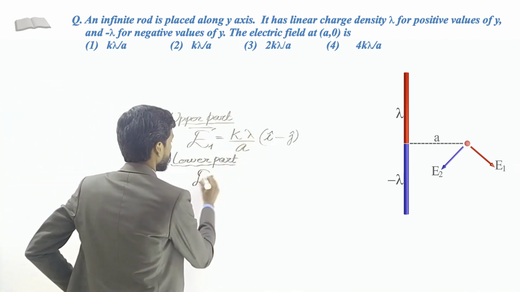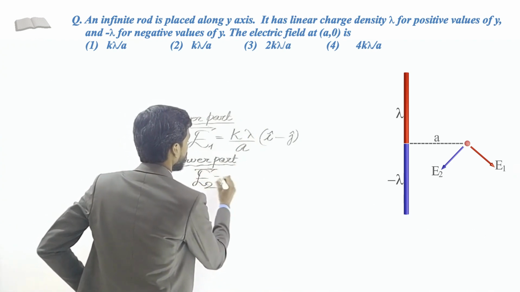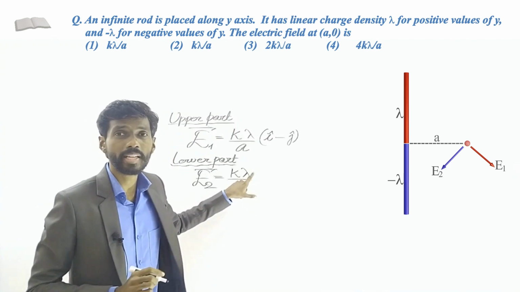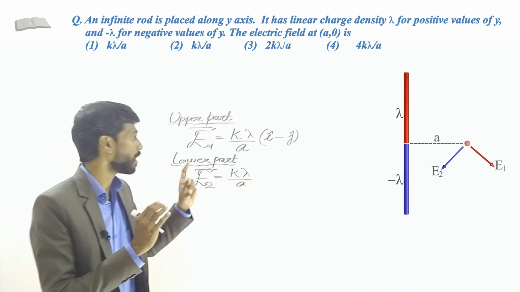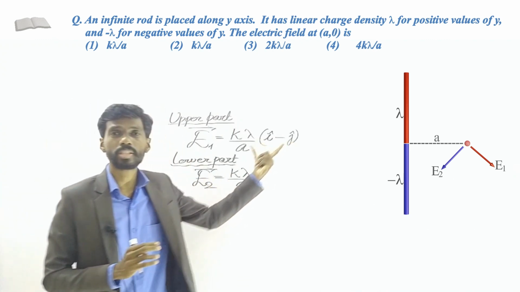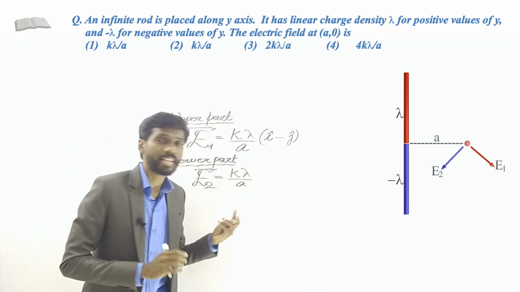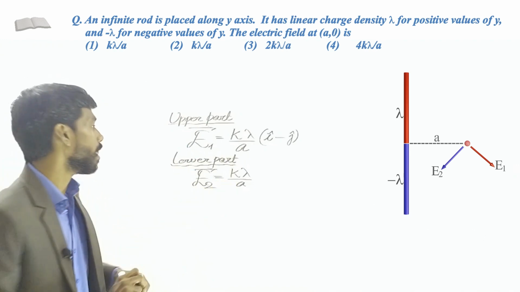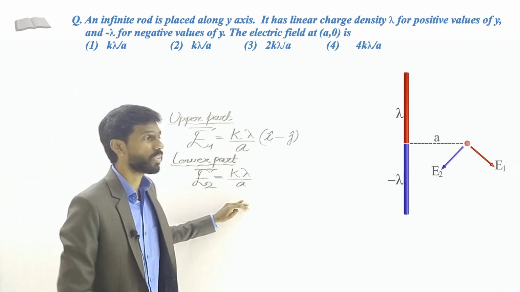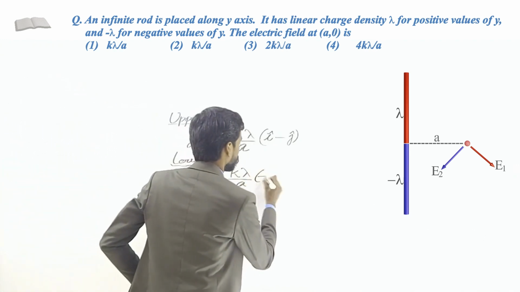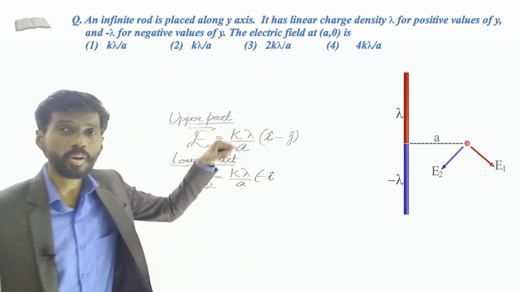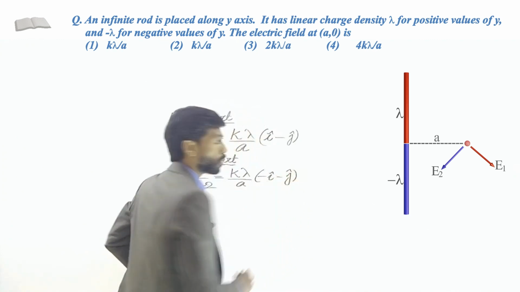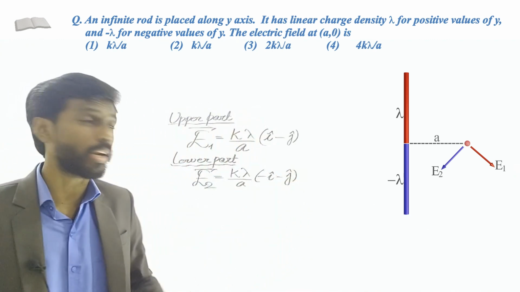That is denoted by, say, E2 vector. So that equals k lambda divided by a. We are using only lambda, not minus lambda. We only take the magnitude first, so the direction can be taken into account because we are using the vector form. So k lambda by a is the magnitude of the two components. Now this has a horizontal component with unit vector minus i cap, and similarly a vertically downward component with unit vector minus j cap. So that's it. This is the electric field due to the lower part of the rod.